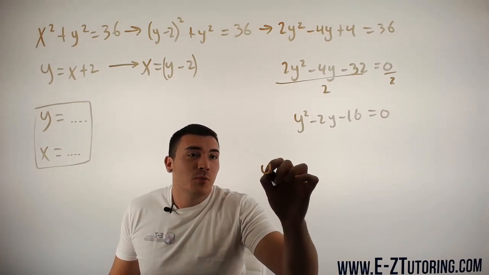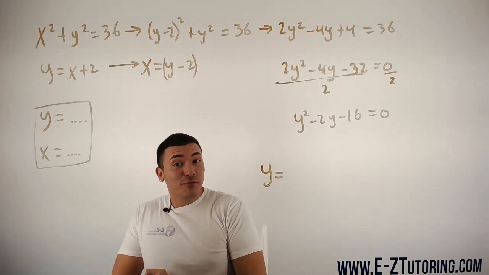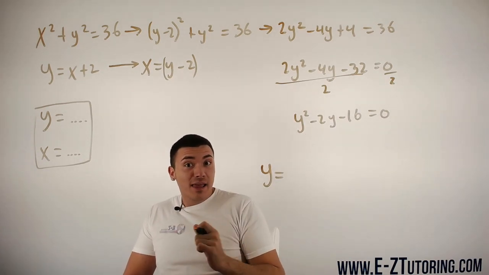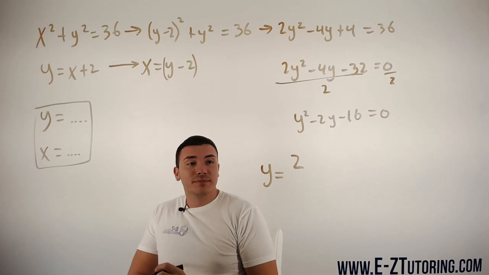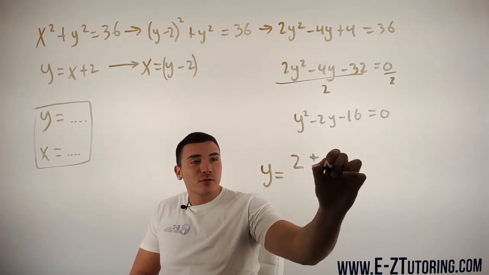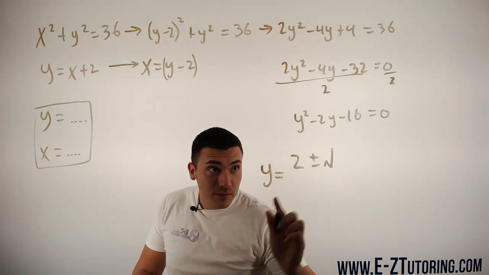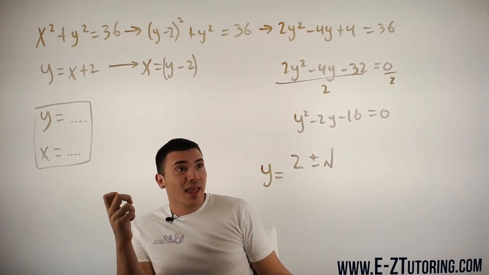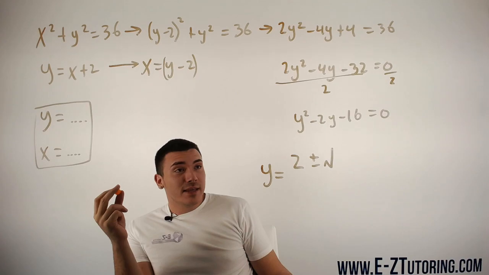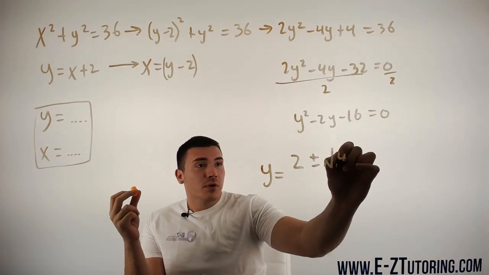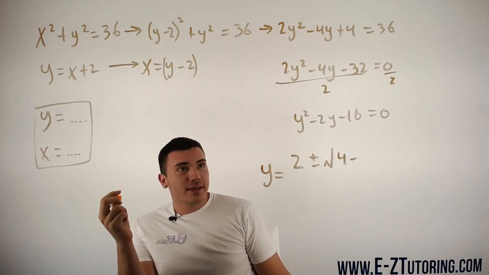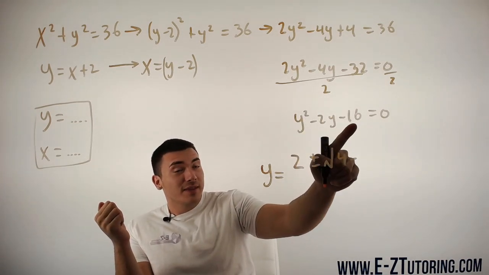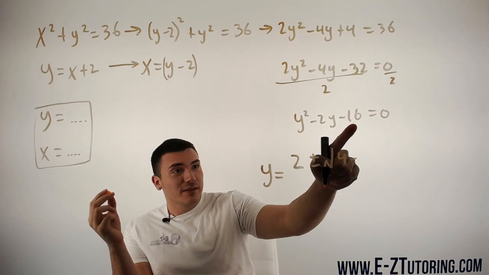So we will have y equals negative b. b is negative 2, so negative negative 2 is positive 2, plus or minus the square root of b squared, which is 4, because negative 2 squared is 4, minus 4ac. 4 times 1 is 4, times negative 16 is negative 64.